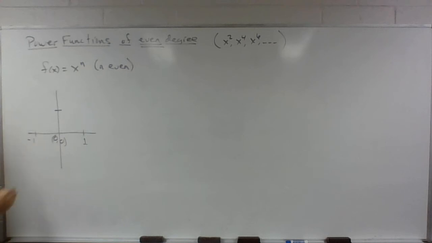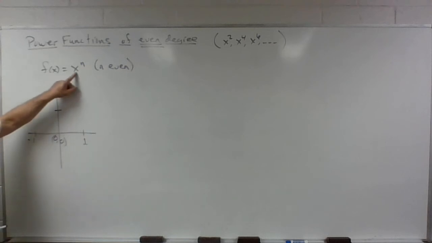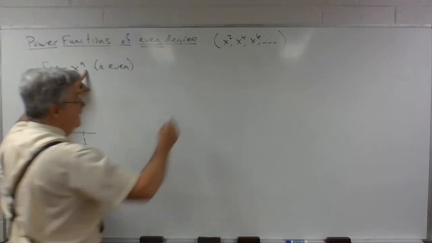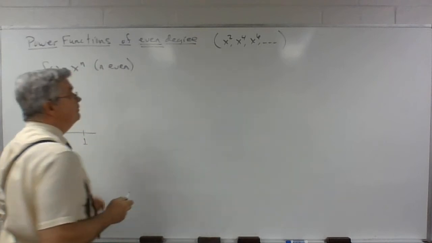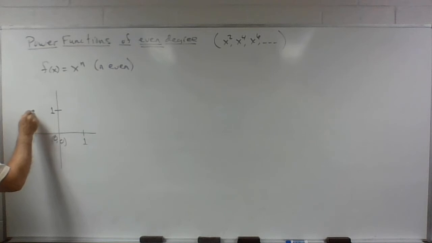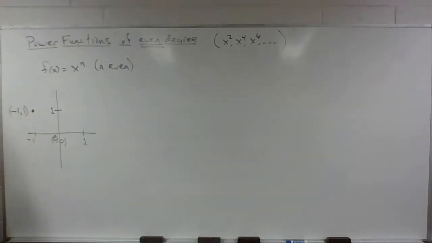When x is -1, -1 to the power of an even number, for example -1 squared, is going to be +1. So the point -1, +1 is a point on the graph.